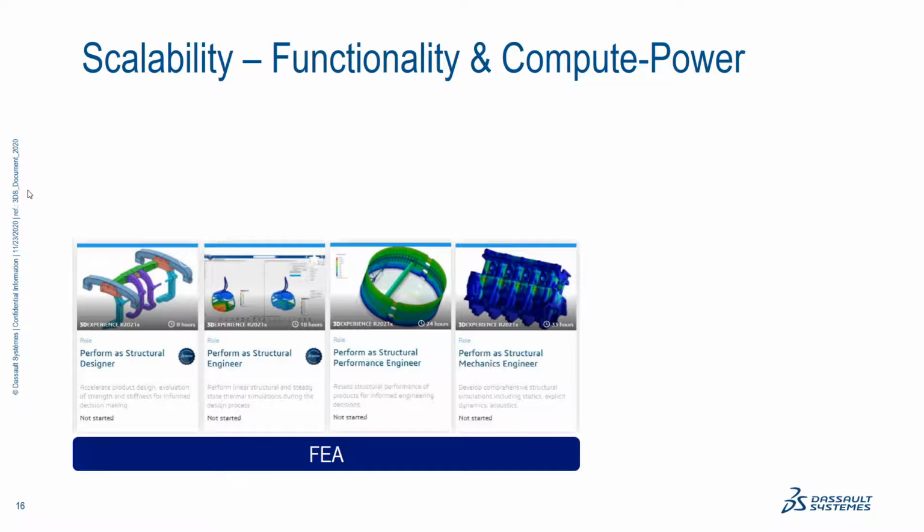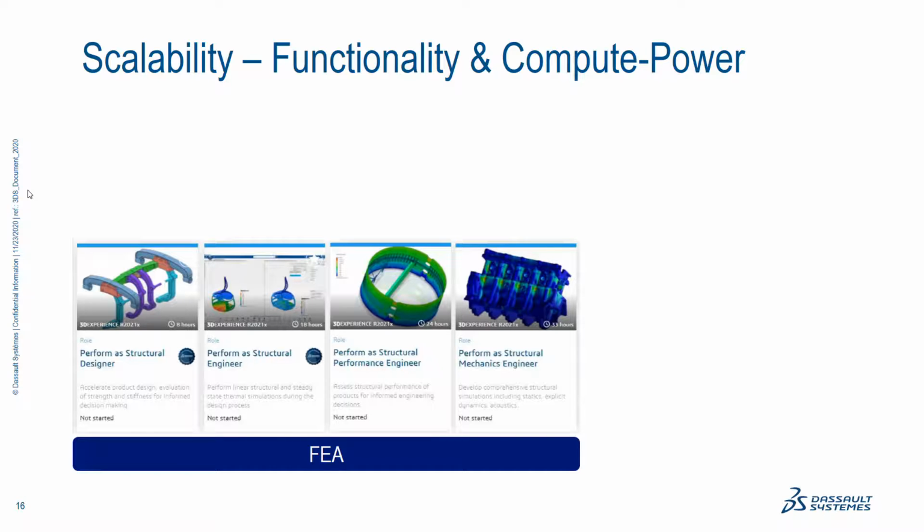And we can scale this functionality easily because all these roles are using Abacus in the background. So even the smallest role, which is only doing linear FEA, has Abacus as a solver. The next level would be to get the full set of modeling, so mid-surfacing, shell meshing, everything that's in there, but you're staying on the linear Abacus solver.